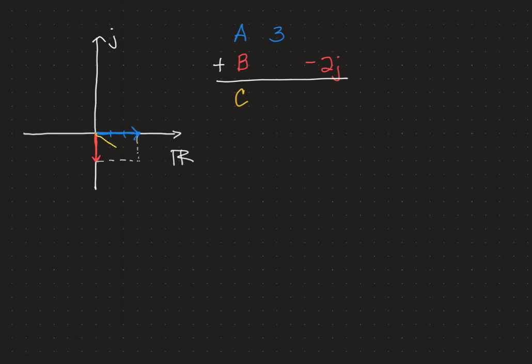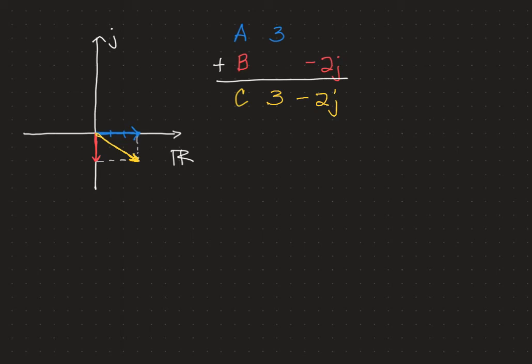That will give you this complex number to which the arrow is pointing. And that would be 3 in the real direction and minus 2 in the imaginary direction, which is what we get if we add those two complex numbers.